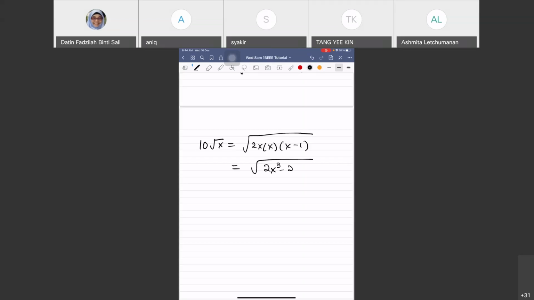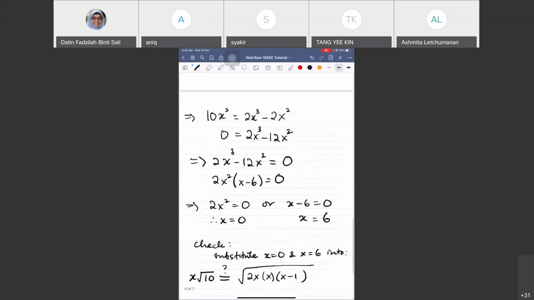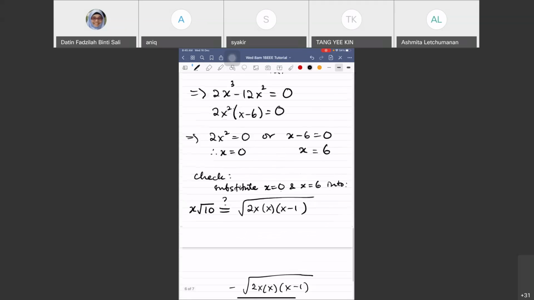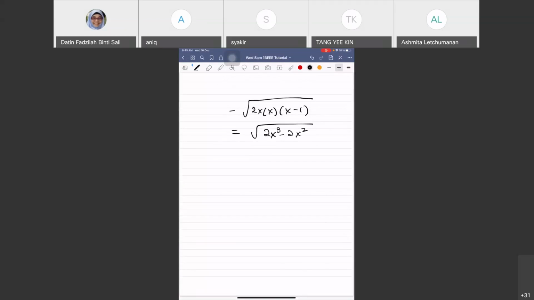Minus 2x square. And then the left hand side is x square root 10, not 10 square x. Oh, sorry, the question. Okay, sorry. Did I write correctly just now? Yes, it's x square root 10, isn't it?